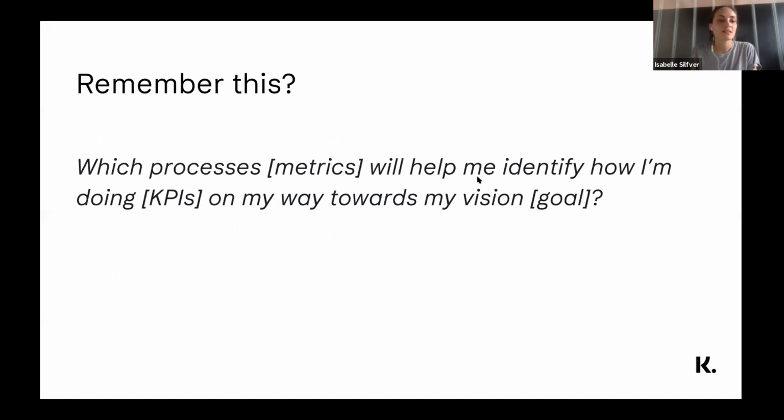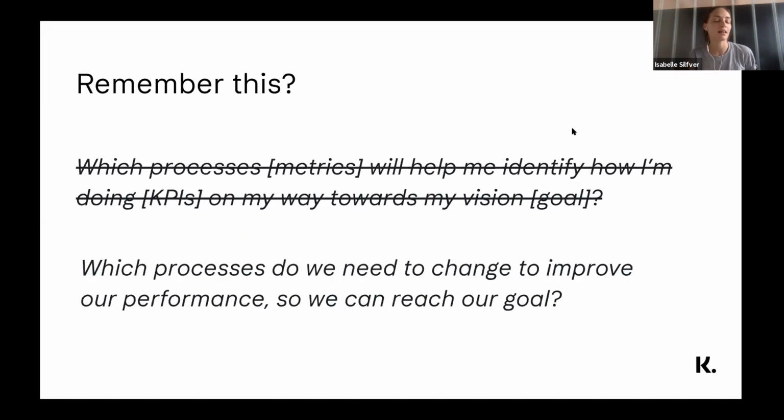So in the beginning, I shared this question of which processes will help me to identify how I'm doing towards my vision. But then essentially, after a while, asking which processes do we need to change to improve our performance so we can reach our goal.